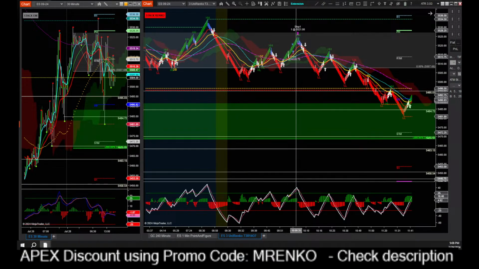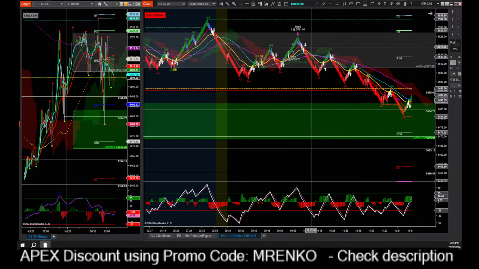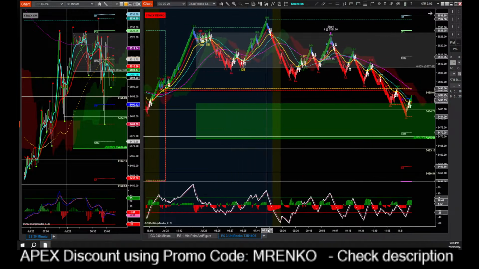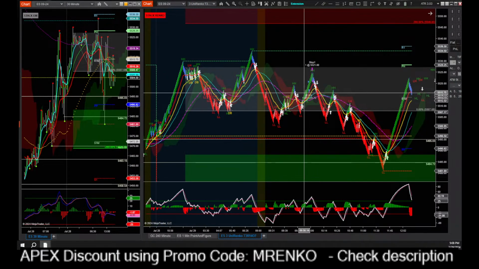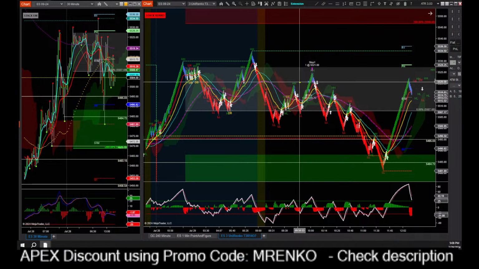The pivot, or fast line, and the slow line are within the range right there. So it's not extended, and I took it there, thinking that this one was going to be a target up above here, and it was not. Actually it was not a bad trade, but it was for sure not the best entrance.